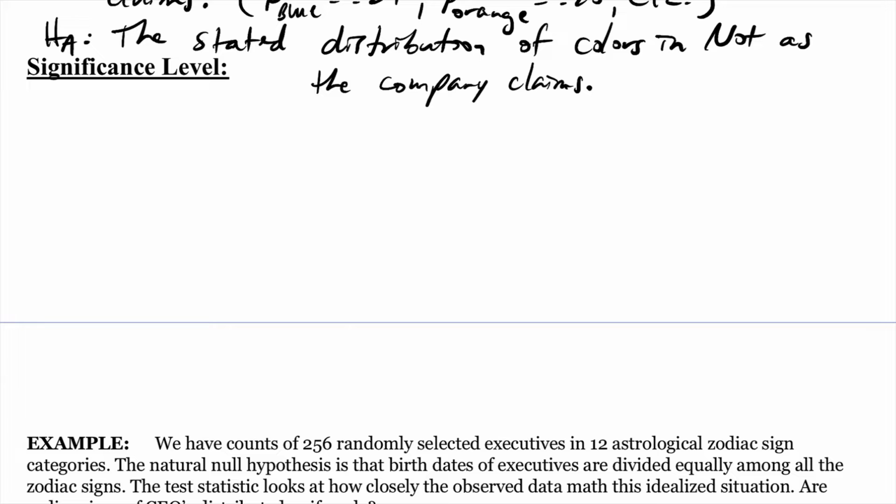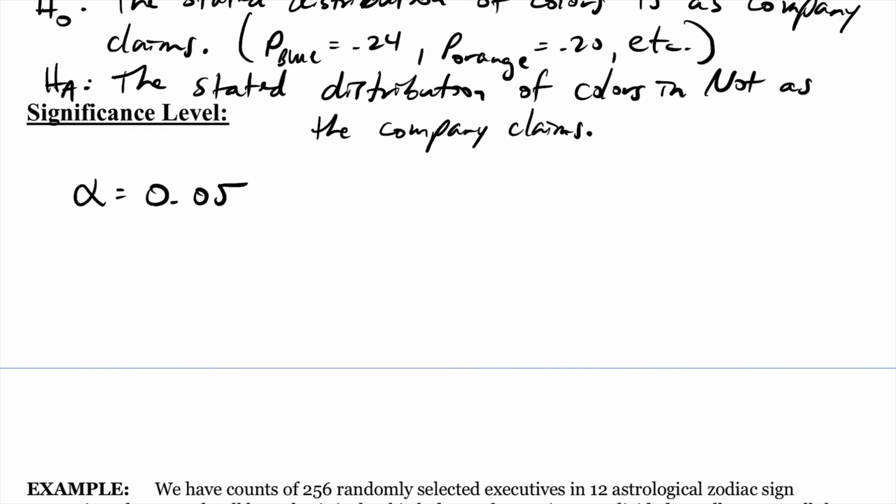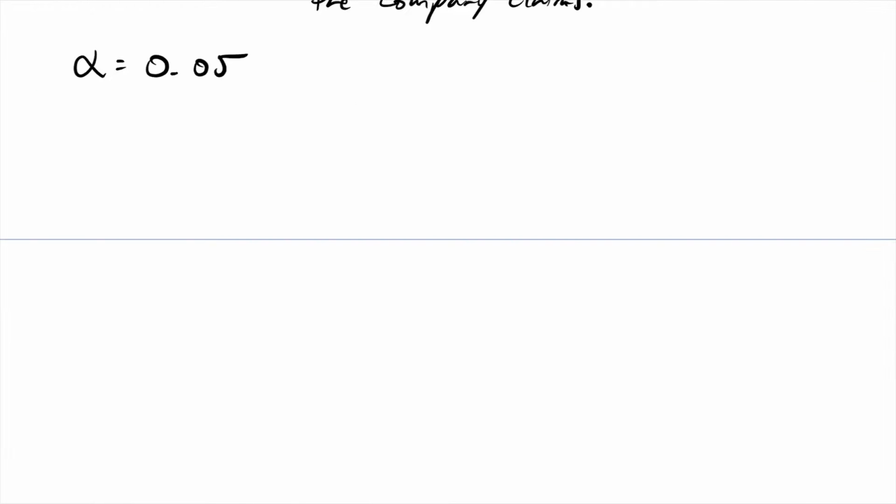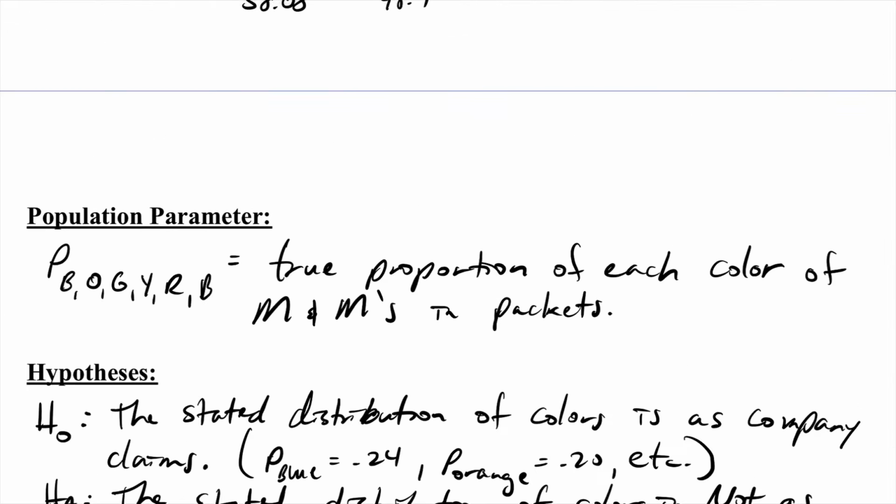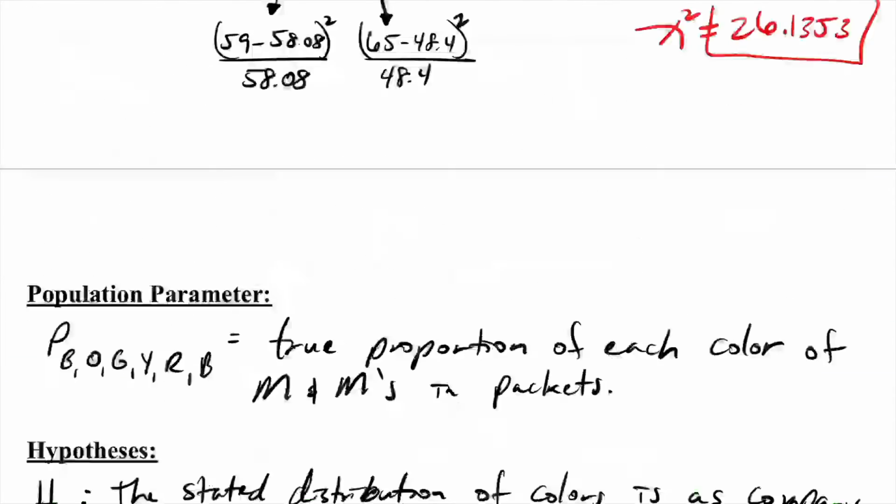Okay, significance level. They didn't give us any, so we'll just use 5% as we always do. All right, what else are we missing? Conditions, assumptions.